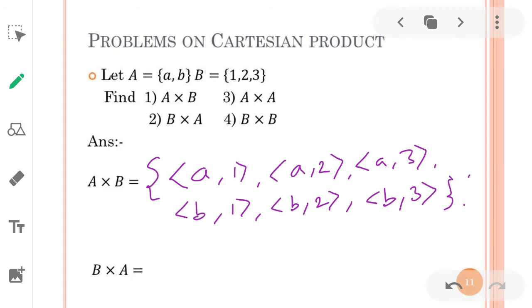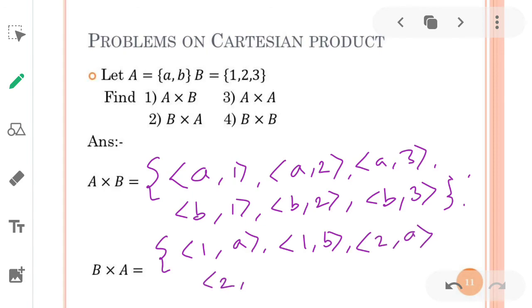So how to solve for B cross A? In case of B cross A, we will consider first 1 comma A, 1 comma B, 2 comma A, 2 comma B, 3 comma A, 3 comma B. Okay.